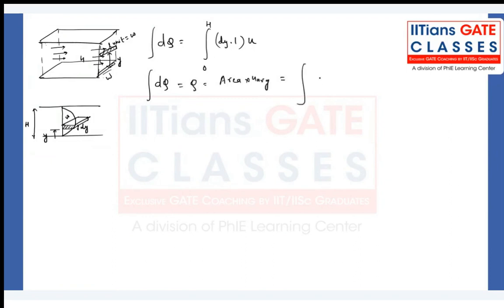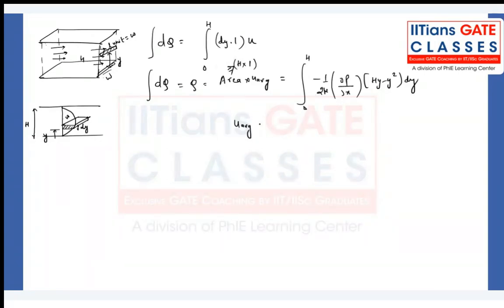That can be written as u, which is minus 1 upon 2 mu dou p by dou x, (Hy minus y square) dy, integrated from 0 to capital H. The area can be written as capital H into width, and the width I am taking as 1 unit.